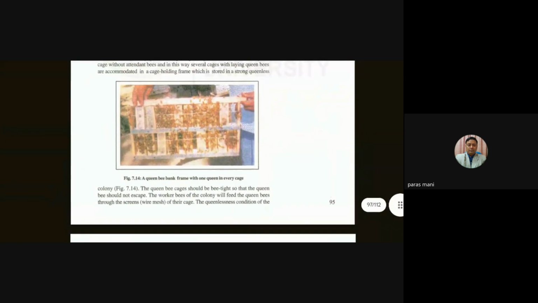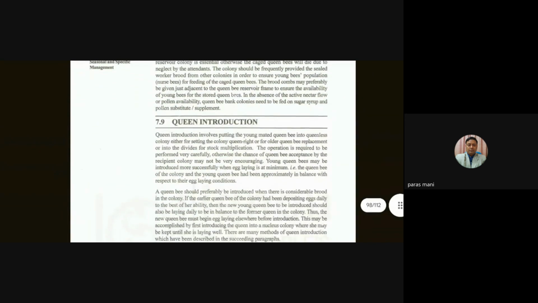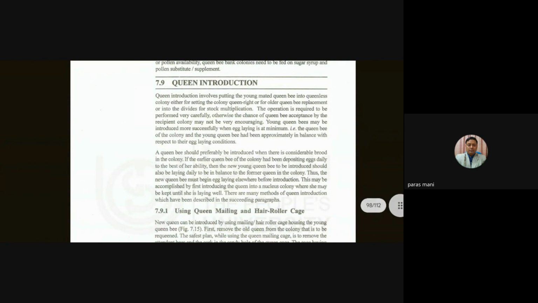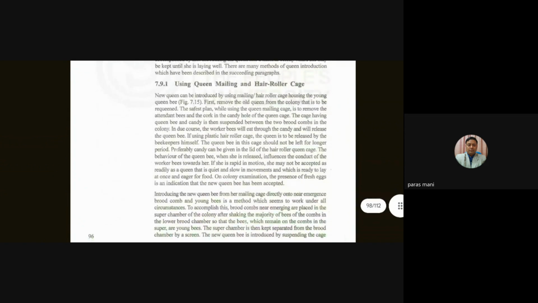And such mated queens can be introduced wherever required. There are different methods for introducing queen bees.